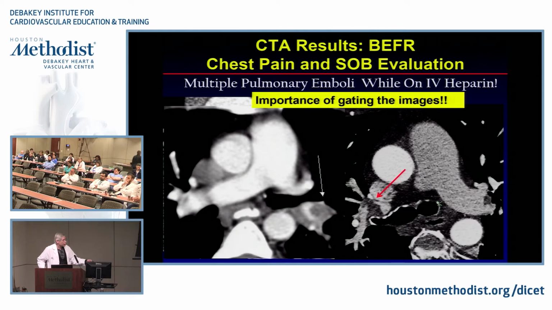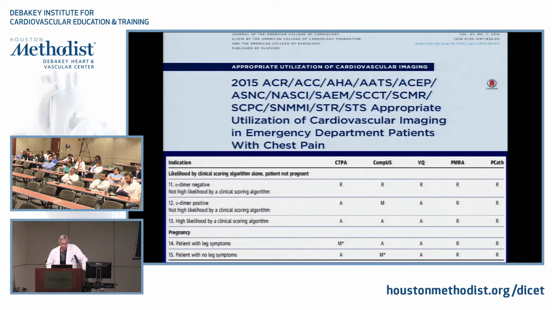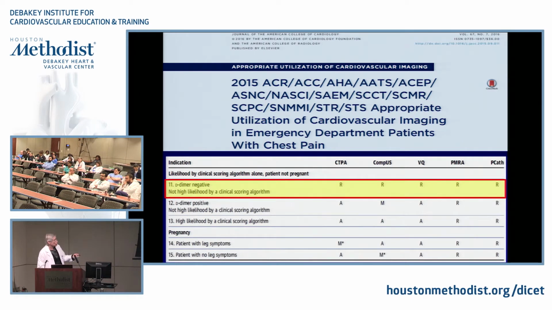But it is important to gate these images to really get a very crisp look and be able to look at not only whether there are saddle emboli present, but to look at the subsegmental levels in terms of abnormalities. And in fact, I was actually on this appropriate use committee panel several years ago. It's the ACR, combined with many other societies, looking at the utilization of CT and other modalities in acute chest pain.